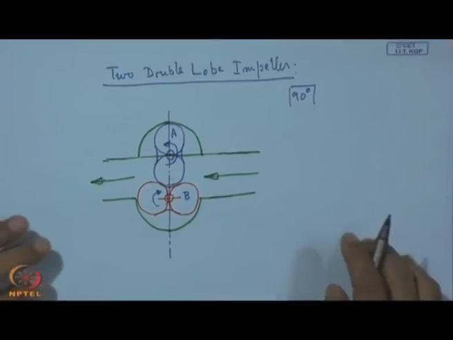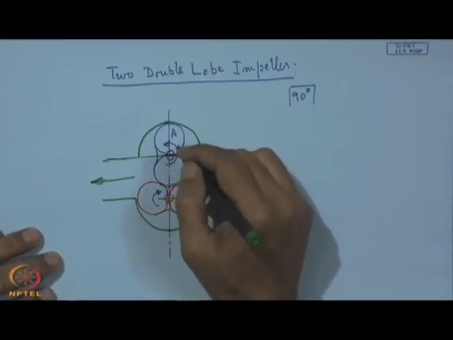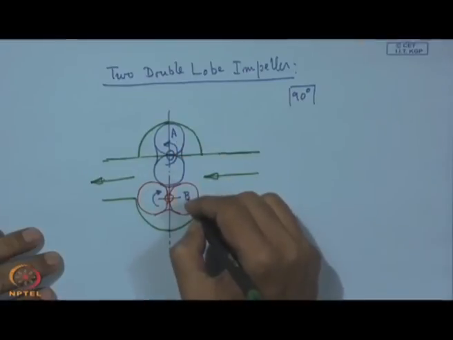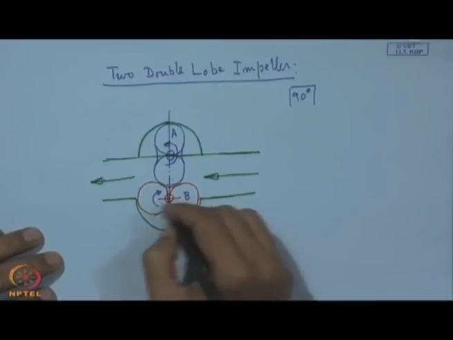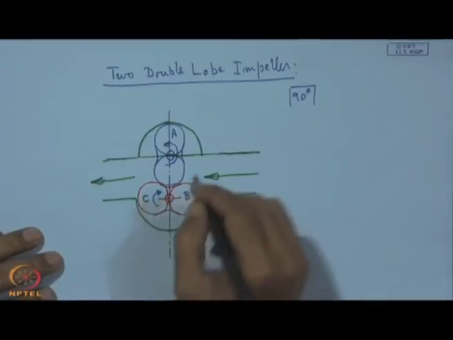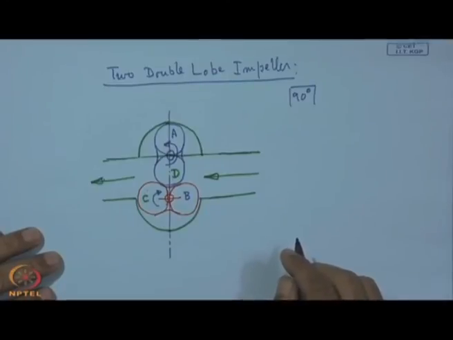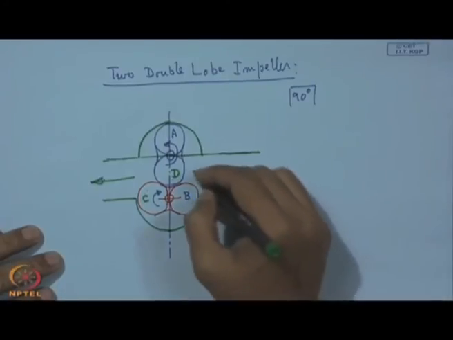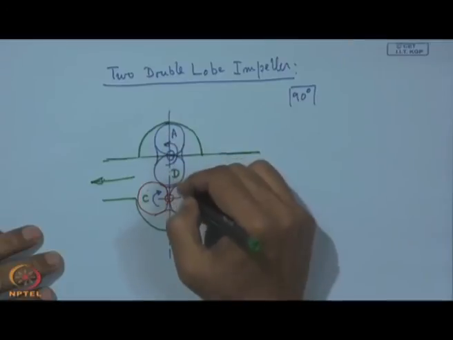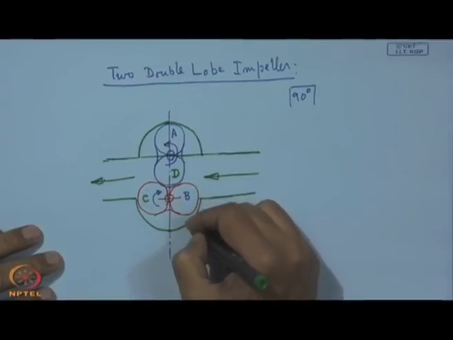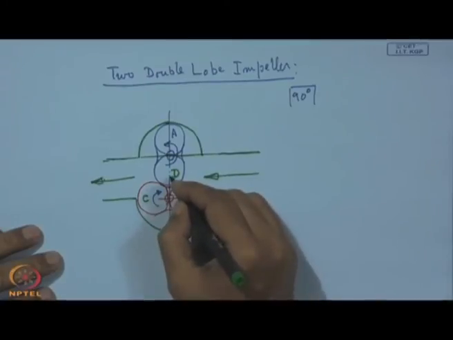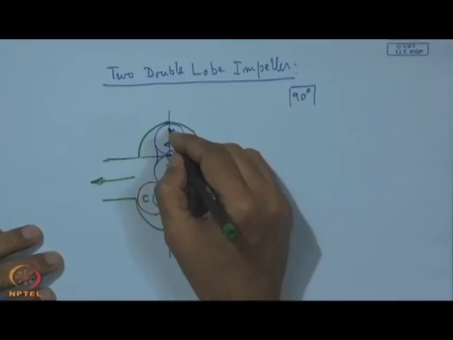Now, what happens? This A, now this B, this lobe, now it is here, and say this is C, and here we have A and D. Now, what is going to happen at this moment? A and B can change their position, and with this B will come here and then D will take up this position.